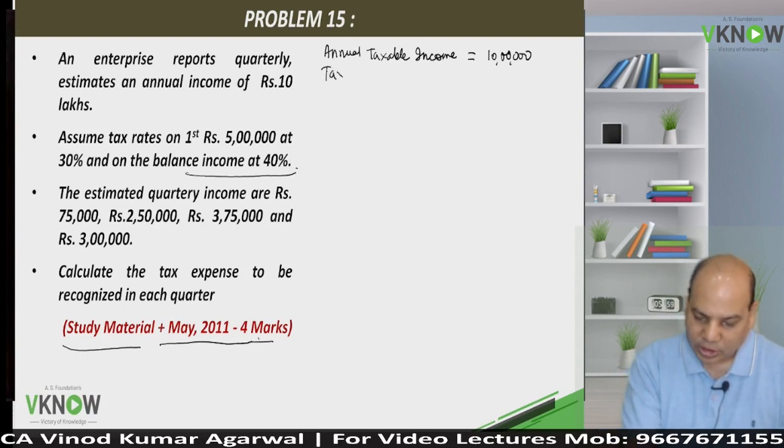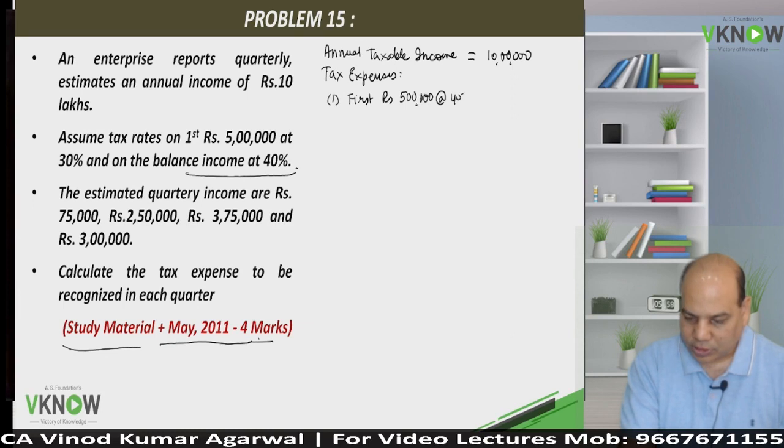Then I will compute tax expense. First rupees 5 lakh at the rate 30%, that comes to 1,50,000.